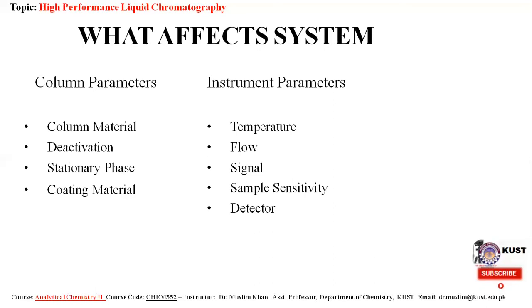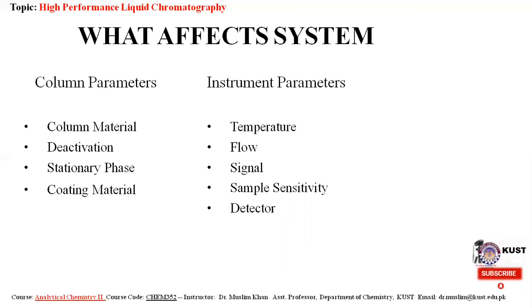Temperature, usually at a higher temperature, the results are different. The peak shape is different, and the flow of the mobile phase, and also signals and sample sensitivity, how sensitive this system is to this sample, and the detector, which type of detector you are using.